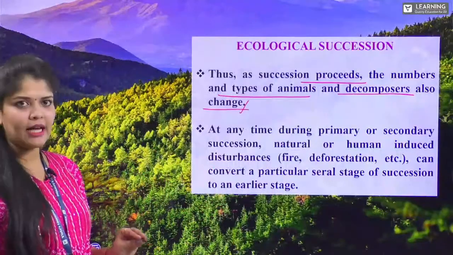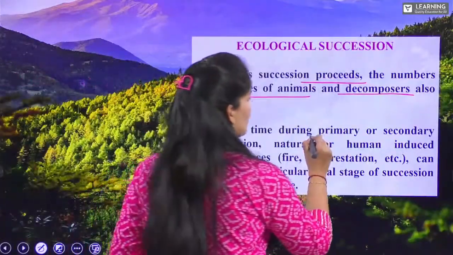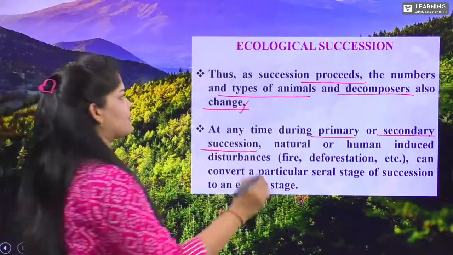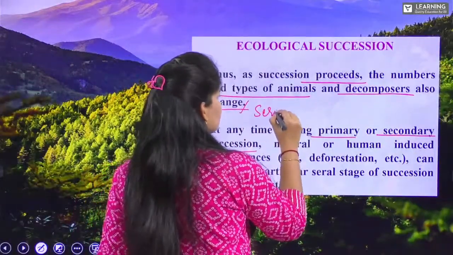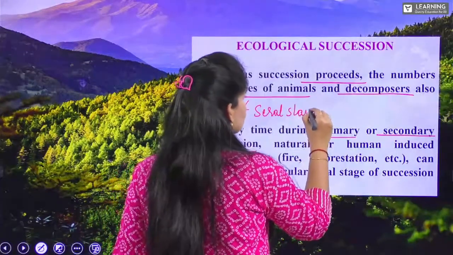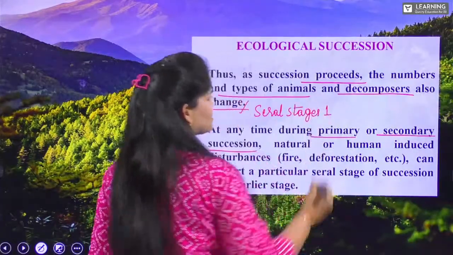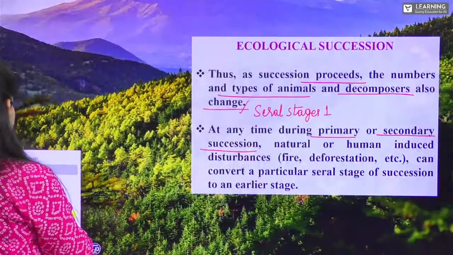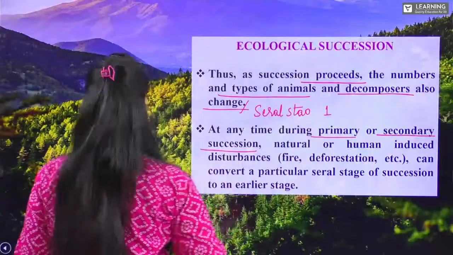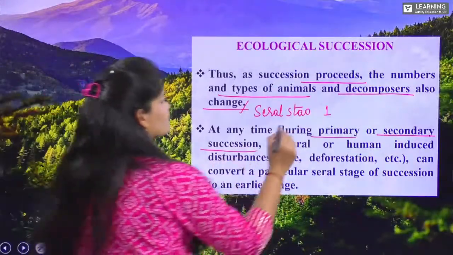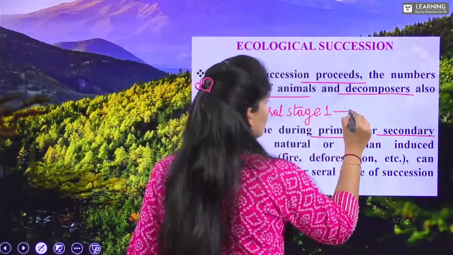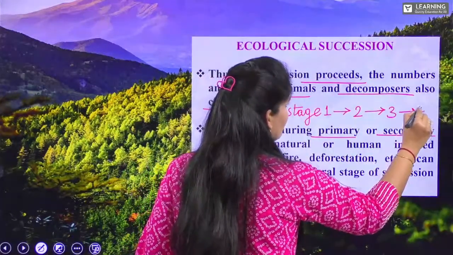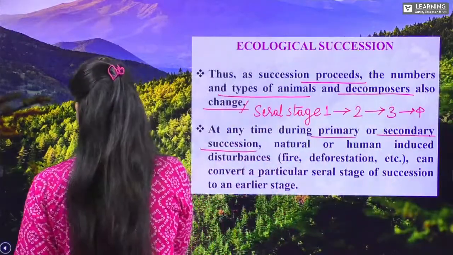Now, at any time during primary or secondary succession, we have several stages, right? For example, consider this as stage number 1. It leads to number 2, it leads to number 3, it leads to number 4, and finally the final stage.